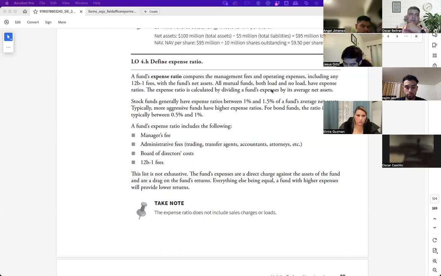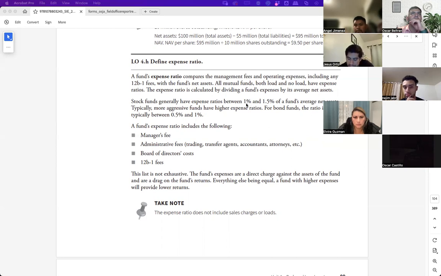Fidelity is more than likely going to have higher expense ratio fees compared to, let's say, Franklin, those different companies. Why is that? Because they're more recognized, so you're paying for the brand name, just like anything, right? Franklin's pretty good too.